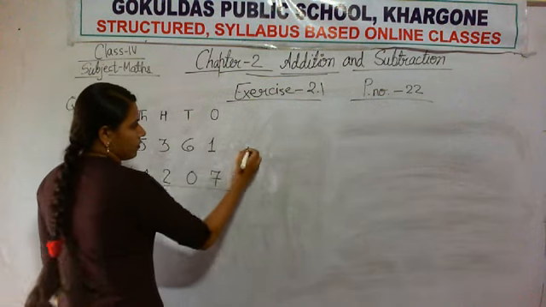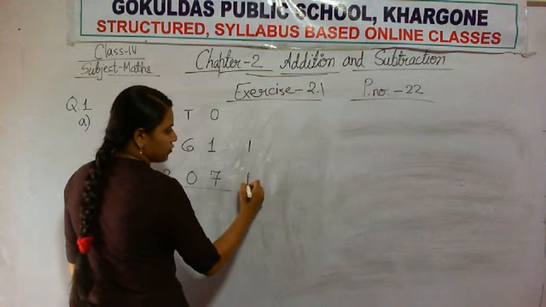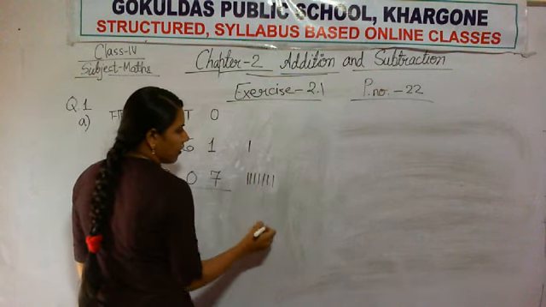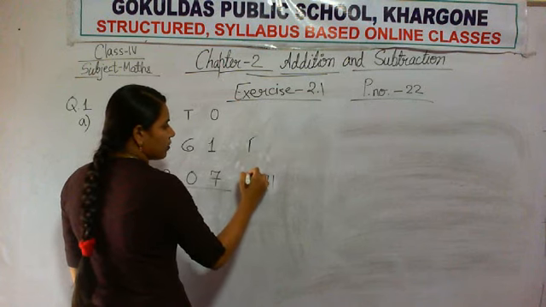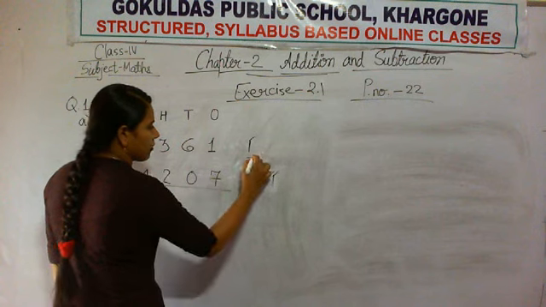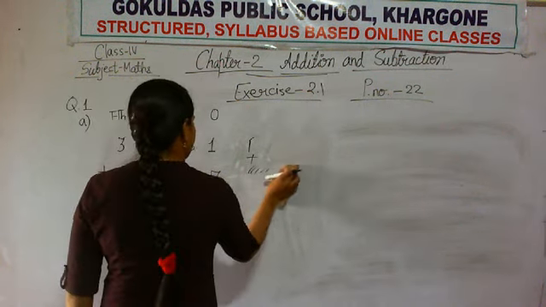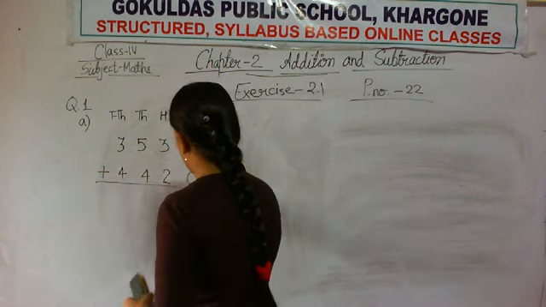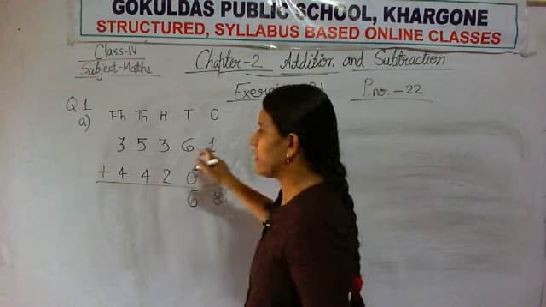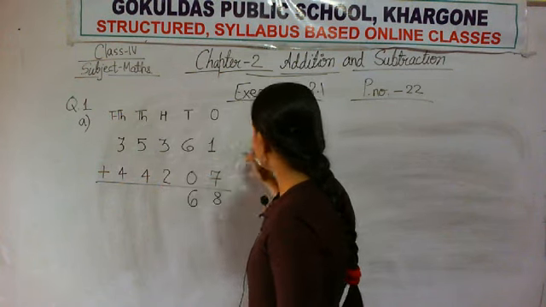So add them. 1 plus 7. Here I draw 1 stick and here 7 is written, so I am drawing 7 sticks. 1, 2, 3, 4, 5, 6 and 7. Now add 1, 2, 3, 4, 5, 6, 7, 8. So 1 plus 7 is 8. Here 6 plus 0 is 6. 3 plus 2 at hundreds place. So draw 3 sticks here and 2 sticks.